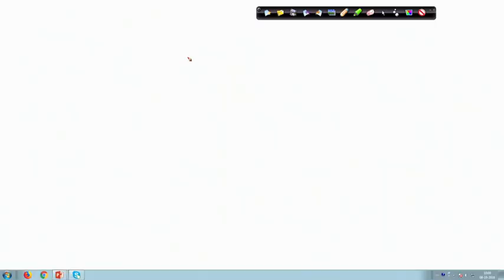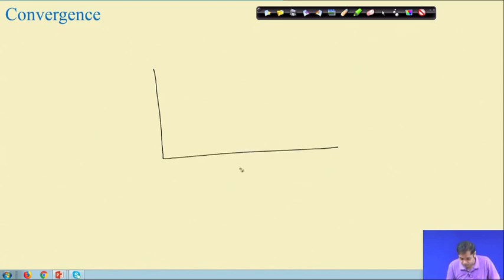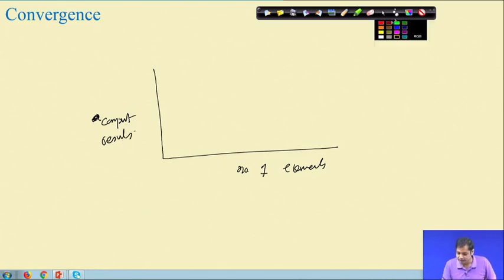If this is the case, then if you plot, this is the number of elements, and this is your computed result, and this is your actual result, then always the results we get are less than the actual results. We are talking about displacement less than the actual value, because we are always dealing with a stiff system.